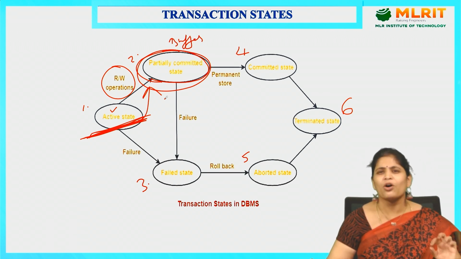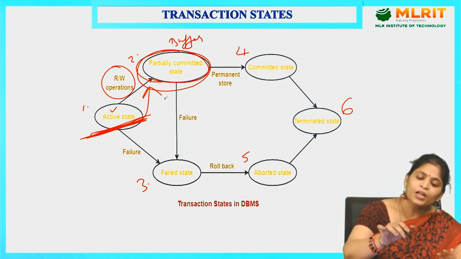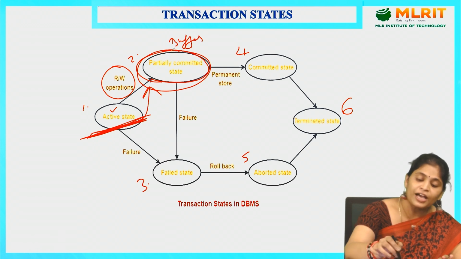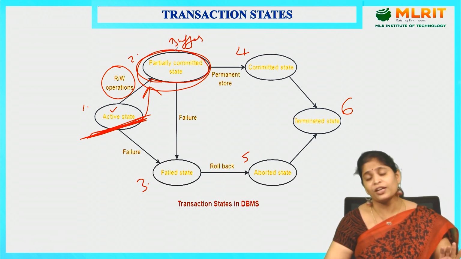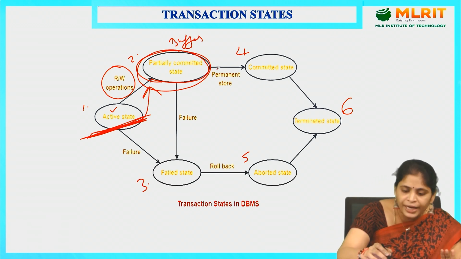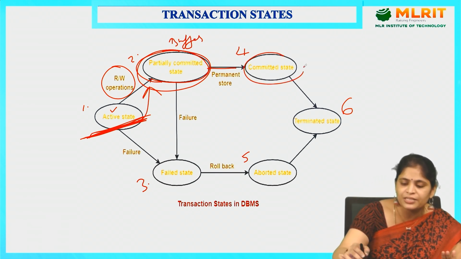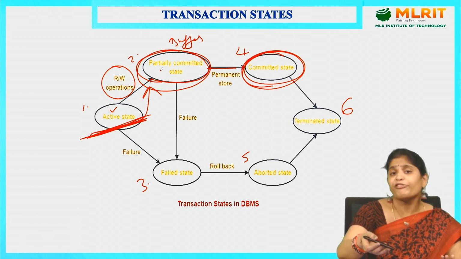Why? Because all these actions are done in a local buffer. After doing all the operations and those transactions are successful, we update those results in the committed state. The transaction may also fail in the middle.